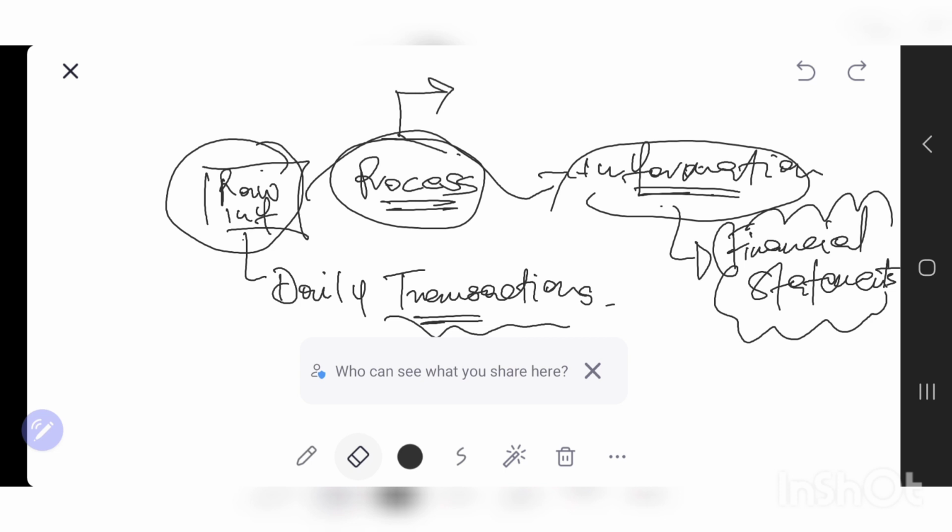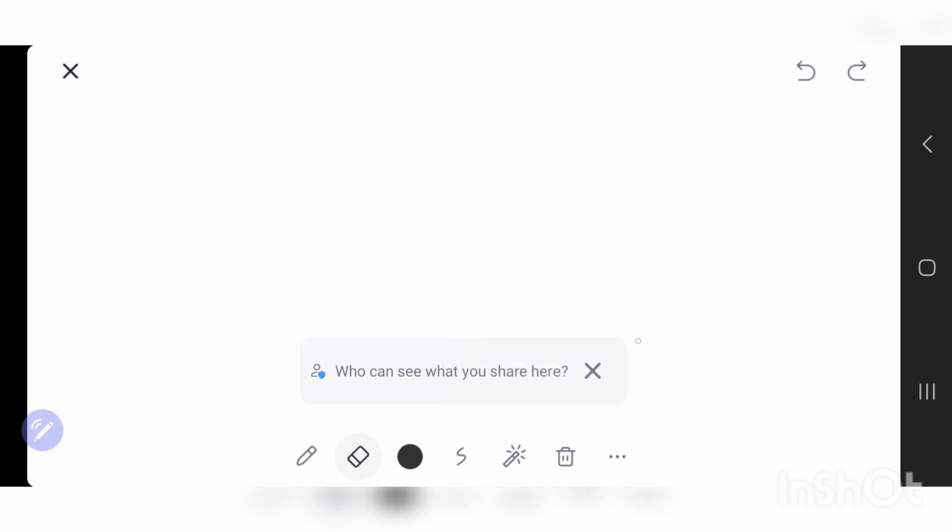So now that we've put that aside, let's go to the conceptual framework. What is this conceptual framework? There's a document in accounting called the conceptual framework.